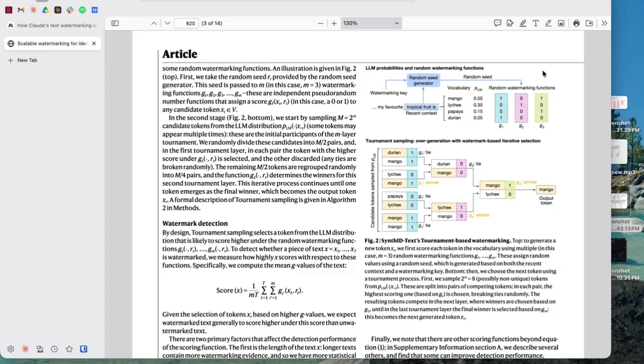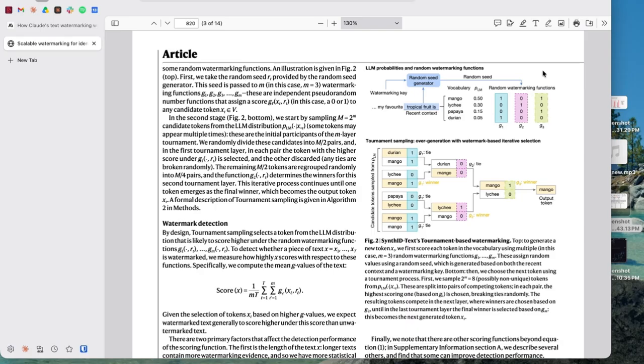By the way, just for your background, they have 30 levels of this tournament. And at each level, it's looking at the previous 4 tokens when it's generating. What that means is that each time it's generating another token in the sequence, that token is a chance for the weighting algorithm to be implemented.